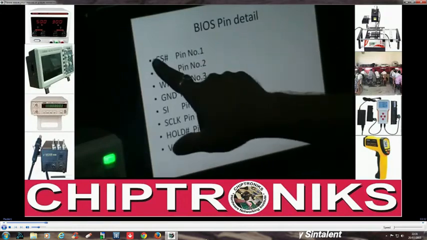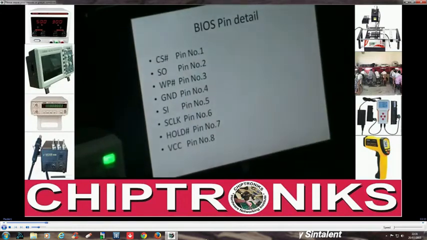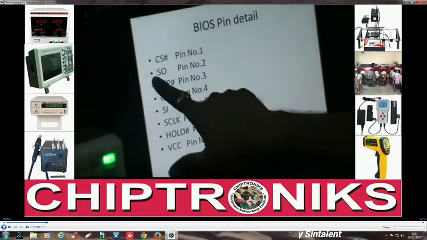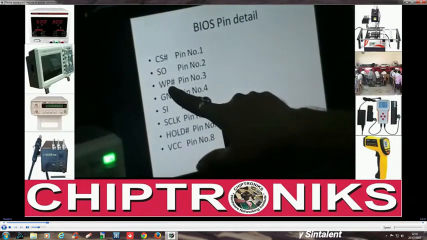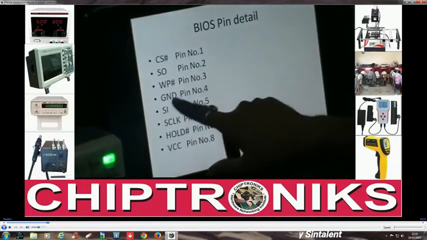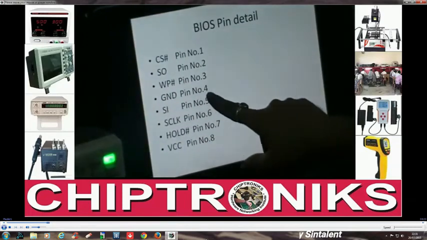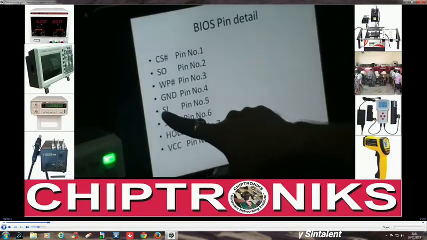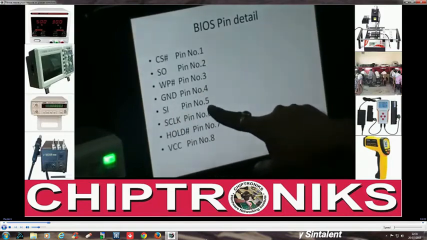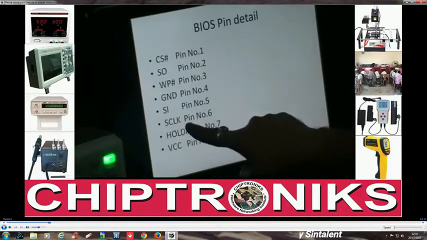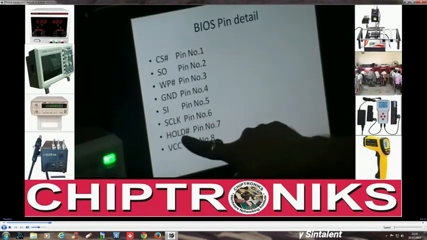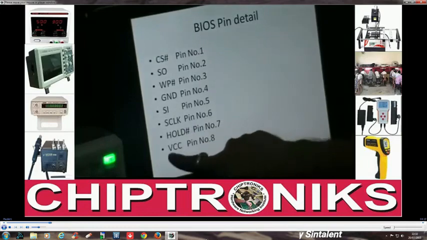Pin number 1 is the CS hash pin and pin number 2 is SO, system output pin. Pin 3 is WP, write protect. Pin number 4 is GND, ground. Pin number 5 is SI, system input pin. Pin number 6 is clock, pin number 7 is hold, and pin number 8 is VCC.